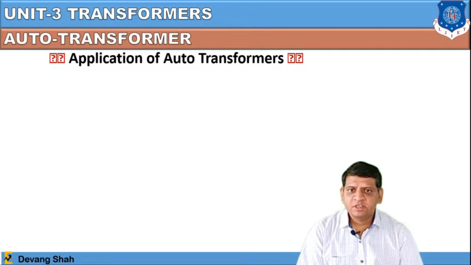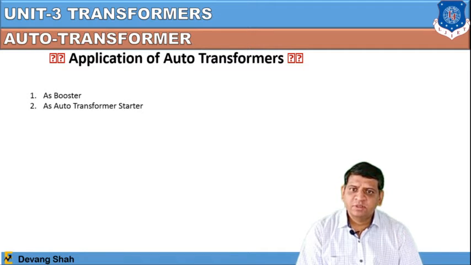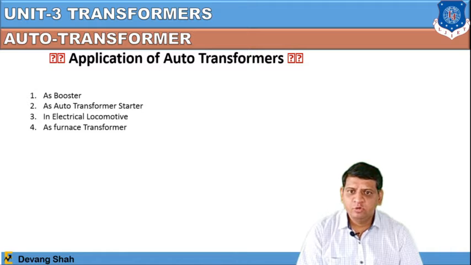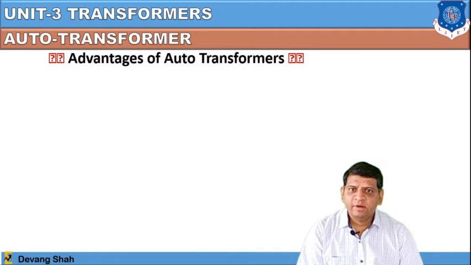Now if you discuss the application of an auto transformer, we can use this auto transformer in a booster, in an auto transformer starter, like for motors and generators. In electrical locomotive devices we can use it in a furnace transformer, right. Some of the advantages of an auto transformer: it requires very little conductor material, because within one wire you will get both primary and secondary winding.